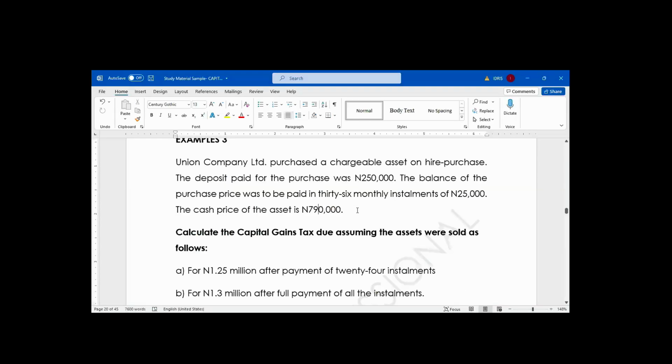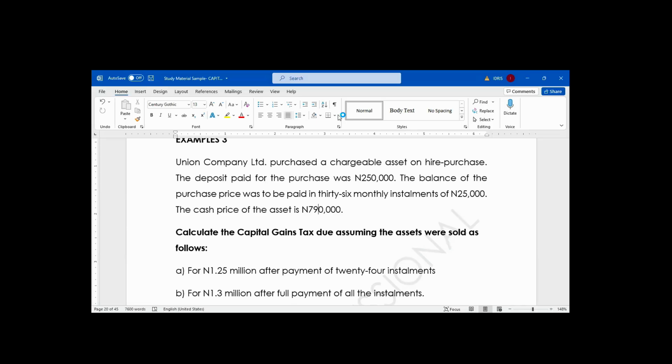If you look at the question, how much is the cash price? 790,000. So when the installment is fully paid, 1.3 million minus 790. Your cost of acquisition will be the cash price when all the installments have been paid.